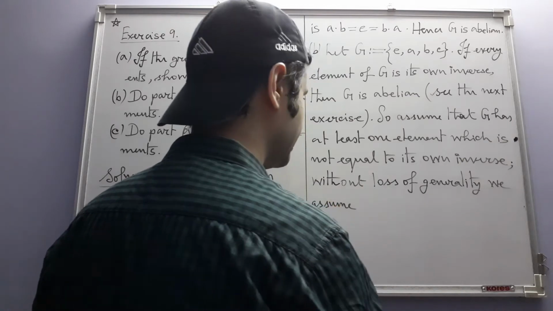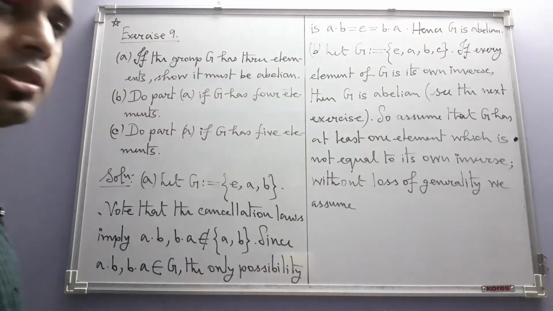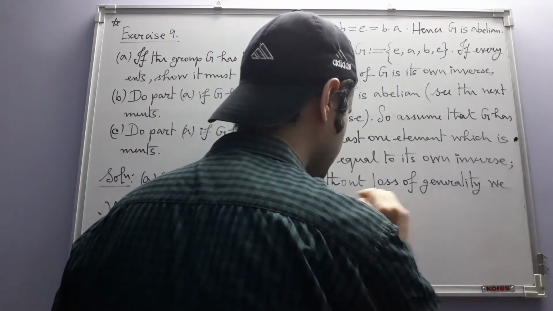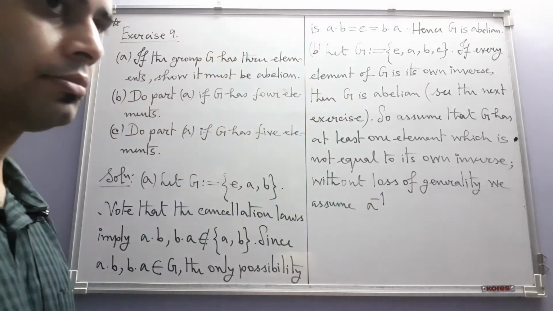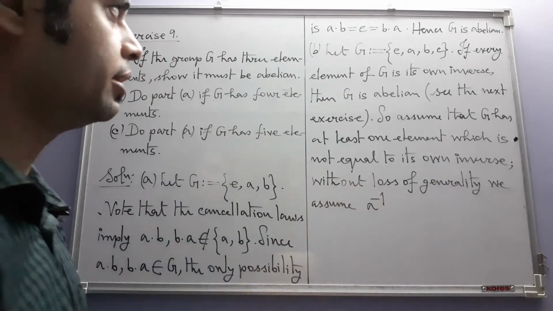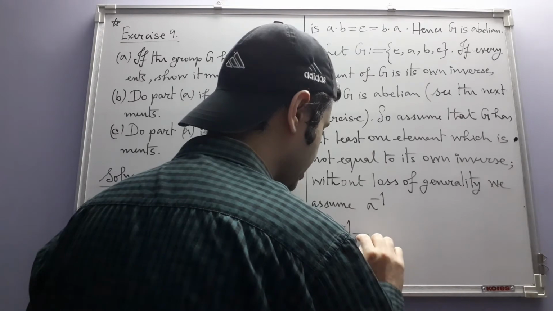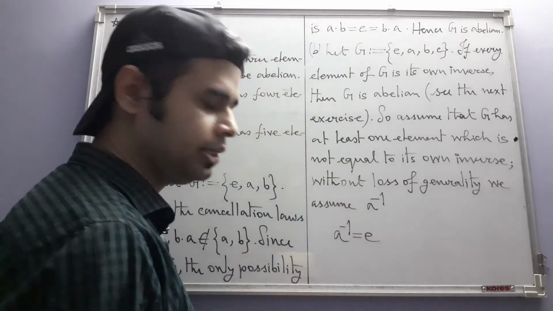We assume that A is an element whose inverse is not equal to A. But that begs the question, what is its inverse? That also we have to assume something here, no? Note that we cannot take A inverse equal to E. Why?